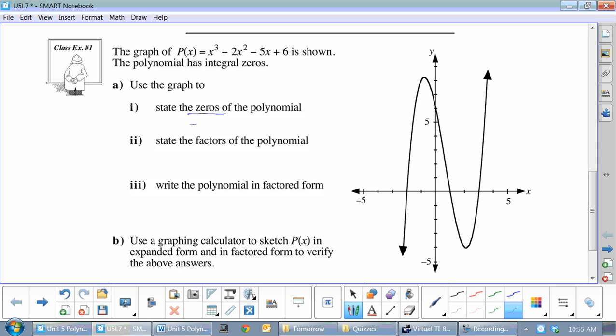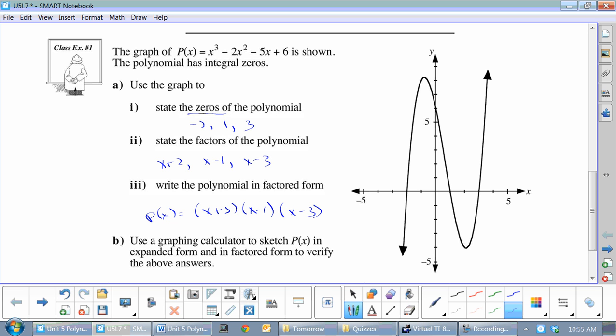So, minus 2, 1, and 3. Okay? State the factors. What would be the factors? X plus 2, x minus 1, and x minus 3. So what would the polynomial be? P of x equals x plus 2, x minus 1, and x minus 3.